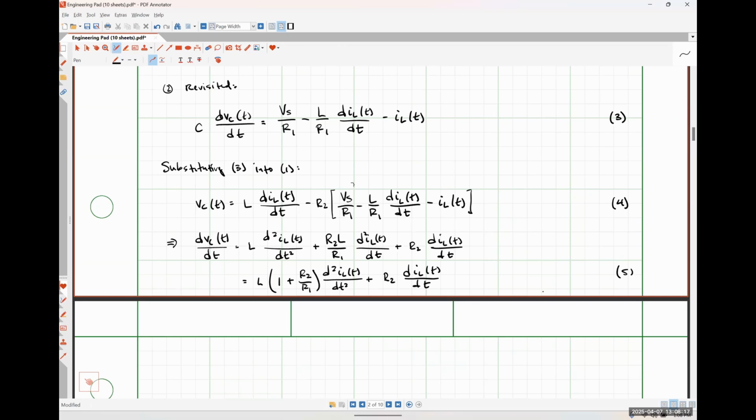Anyway, let's see. So I have an expression for VC that is only in terms of inductor current. I have an expression for the derivative of the capacitor voltage that is only in terms of the inductor current.